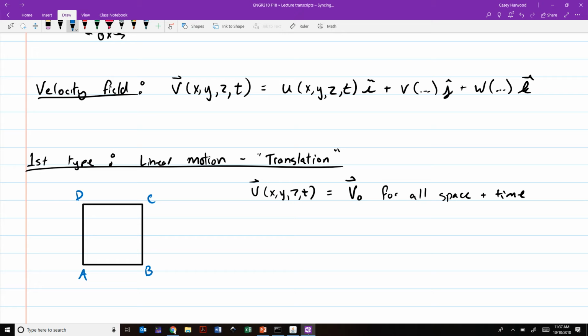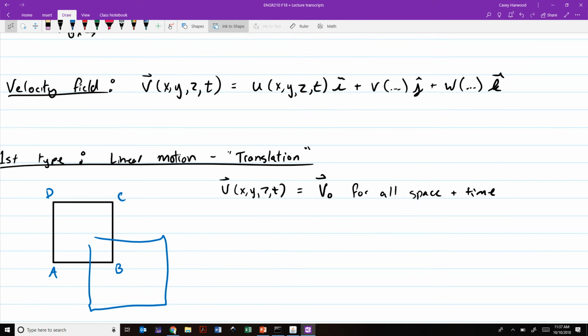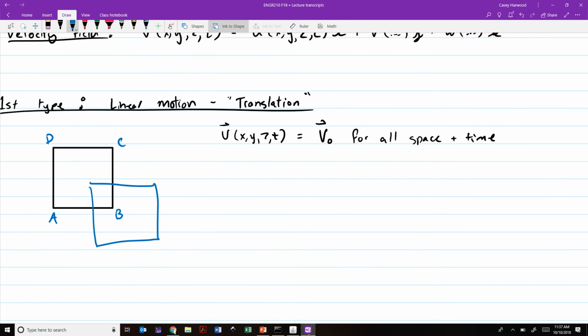Then, if we start at this point and we fast forward some short time later, if we allow a time of delta t to elapse, let me draw it down here. Come on, make me a square. I don't know why we're not getting a square, but our A, B, C, and D points are going to translate to A prime, B prime, C prime, and D prime.